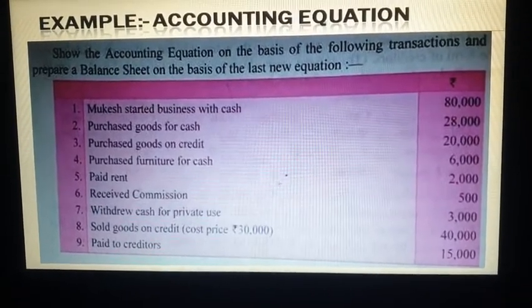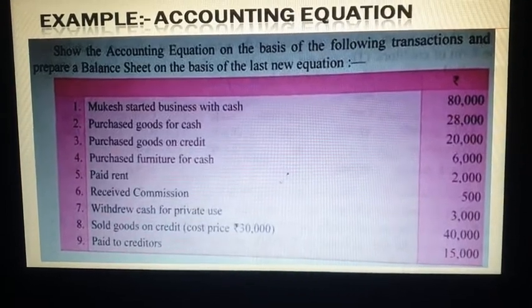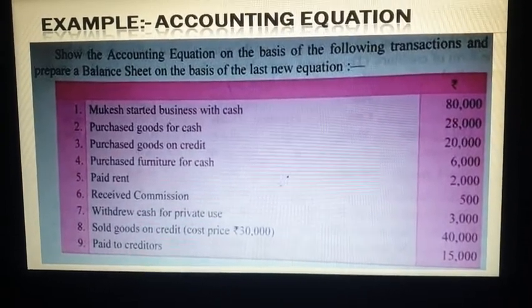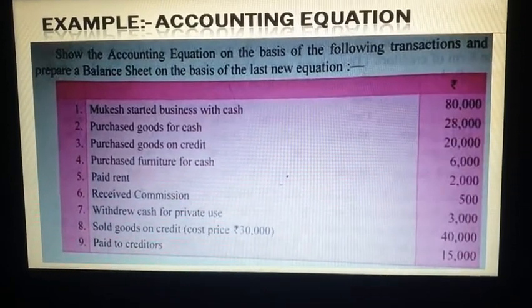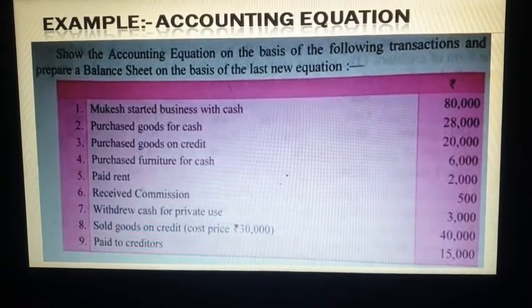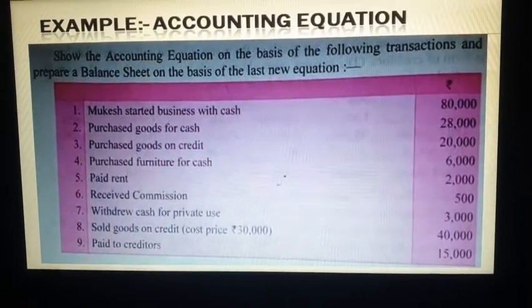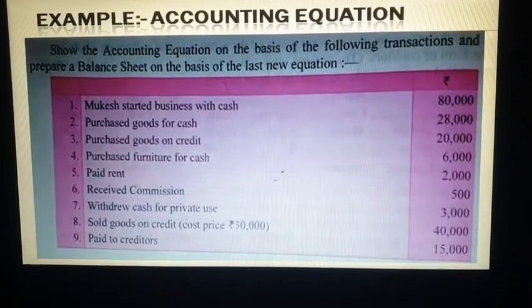Now we will see the impact of each transaction on the accounting equation, and the total of the accounting equation, that is asset equals liability plus capital, after each transaction.